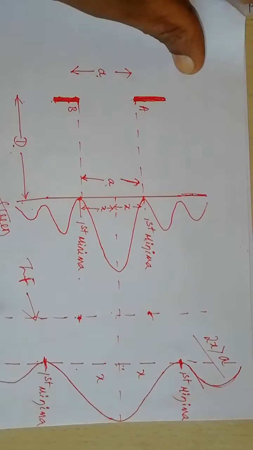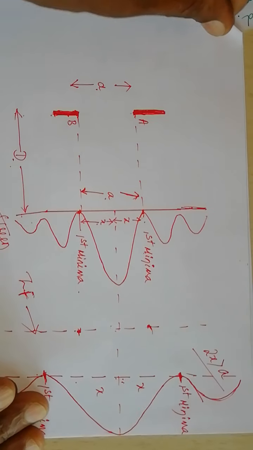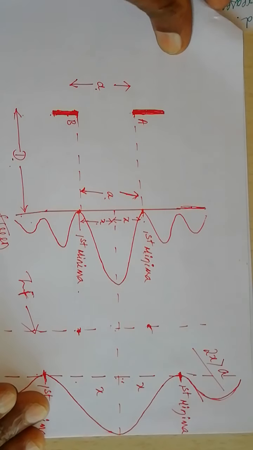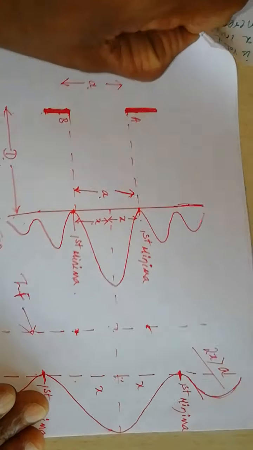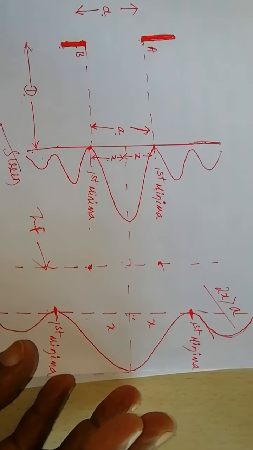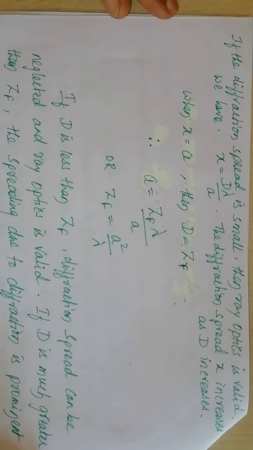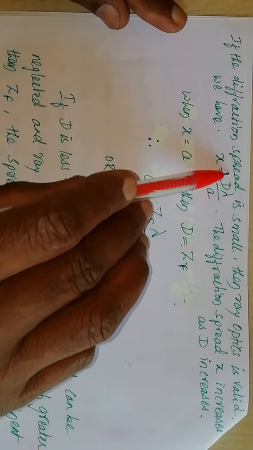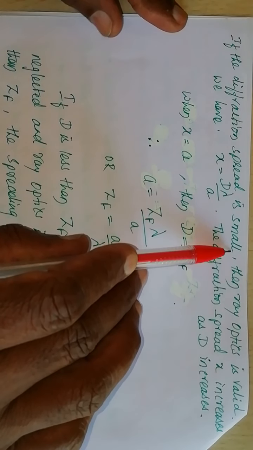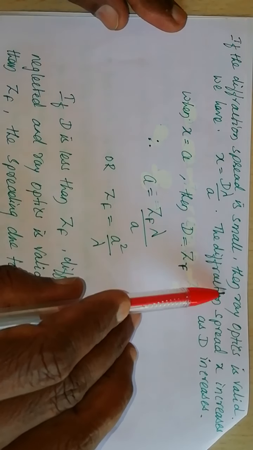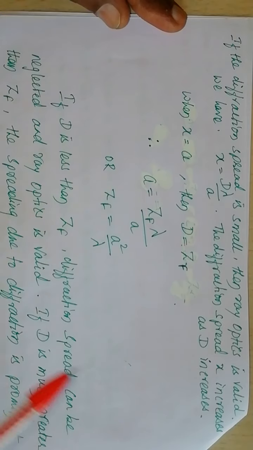And this maximum distance up to which the linear spread of the light doesn't take place due to diffraction is called Fresnel's distance. If the diffraction spread is small, then ray optics is valid.